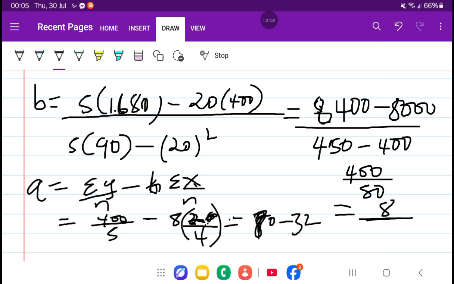That gives us our A is equivalent to 48.